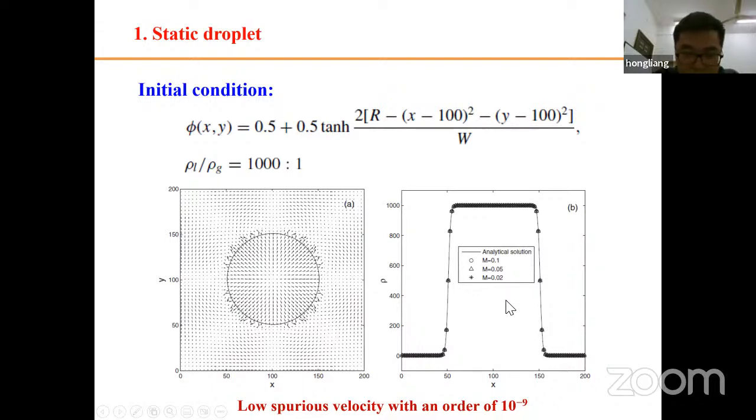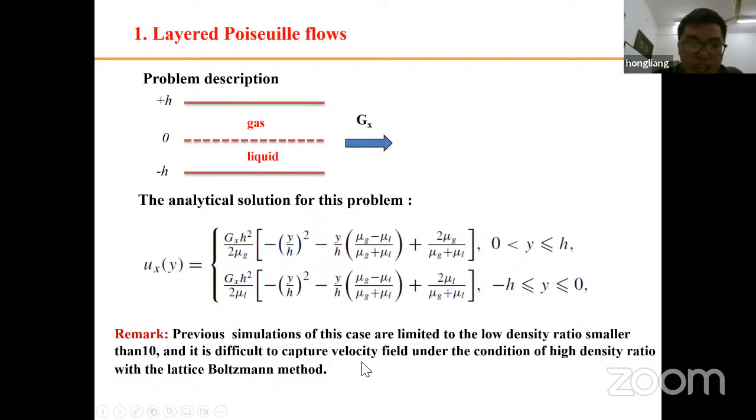Also, our model can achieve a very low spurious velocity, on the order of 10 to the negative nine. Next.